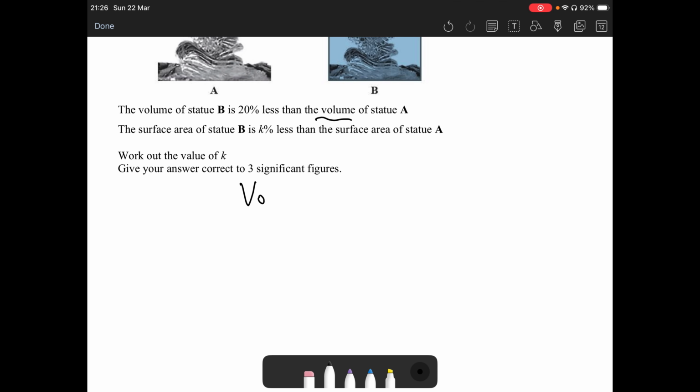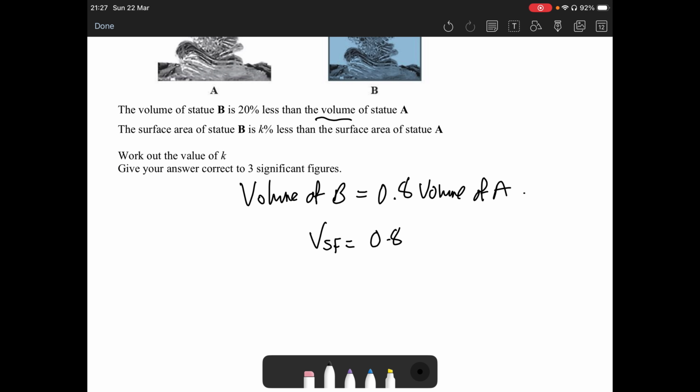So the volume of B equals 0.8 times the volume of A. Okay, so the number you'd multiply A by is 0.8. So this is what we call the volume scale factor, 0.8.